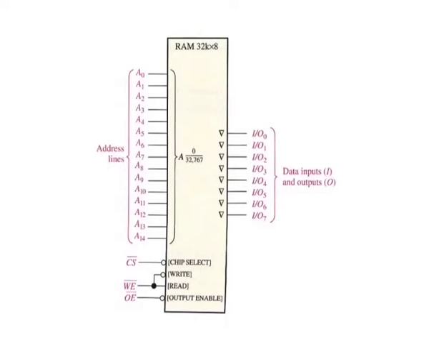In the read mode, the 8 data bits that are stored in a selected address appear on the data output lines. In the write mode, the 8 data bits that are applied to the data input lines are stored at a selected address. The data input and data output lines share the same lines. During read, they act as output lines, and during write, they act as input lines.